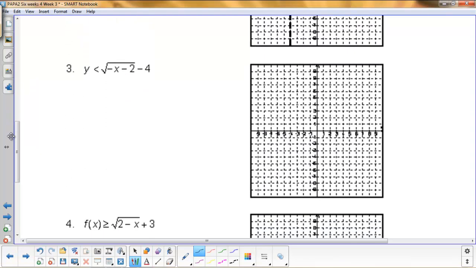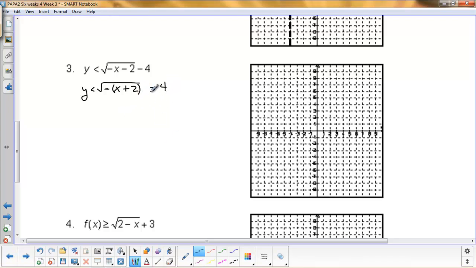Continue on with number 3. Now we're getting some different transformations, causing some different movement on the graph. Please remember, in parent functions, the coefficient of x must be +1. Because there are no parentheses around the value x minus 2, we must assume that the coefficient of x is -1. So we need to rewrite this and factor out the negative value, leaving us x plus 2 minus 4.